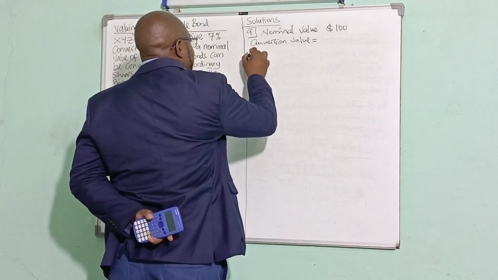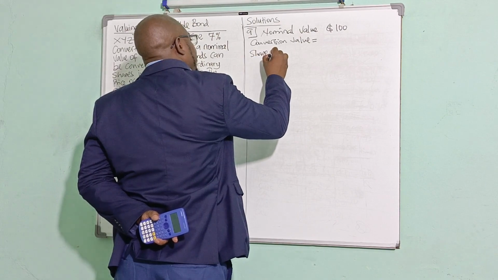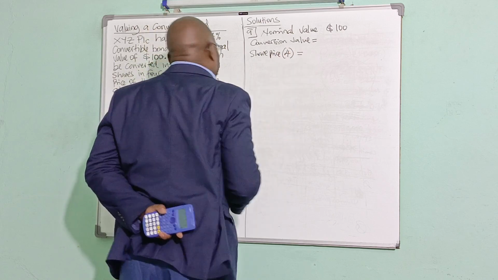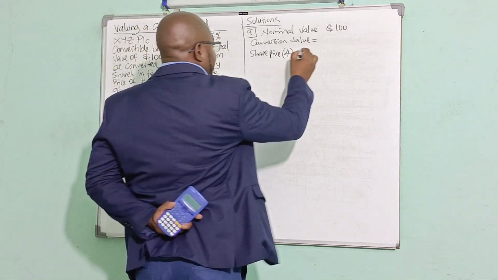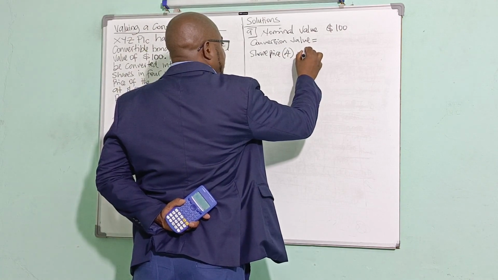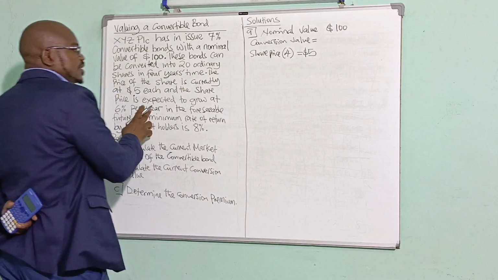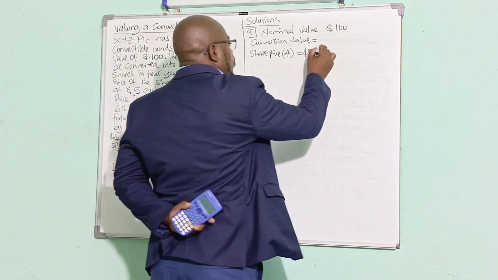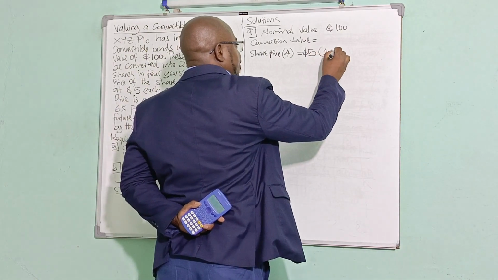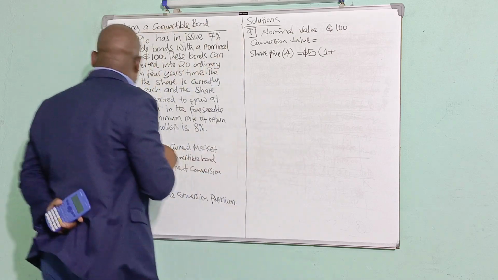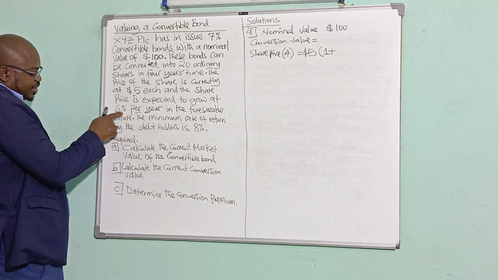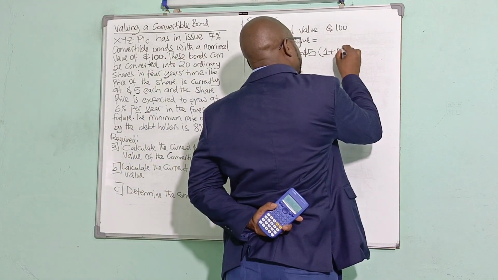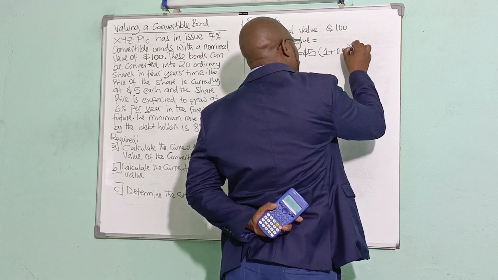So now the share price in 4 years' time will be the current price, which is $5, multiplied by (1 + r), where the growth rate is 6%, so 0.06, raised to the power 4.